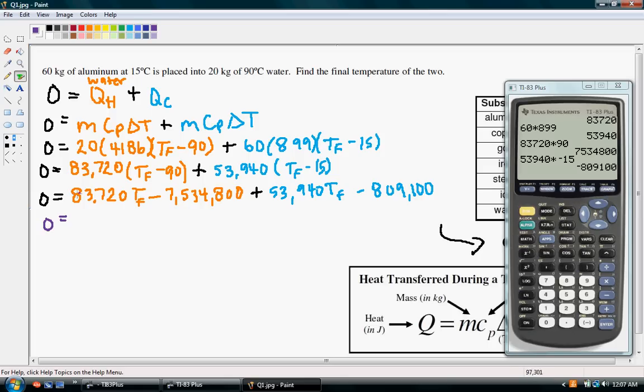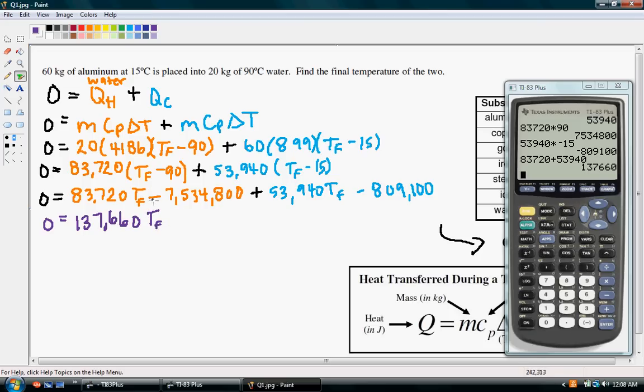But we could add this 83,720 T to this 53,940 T. So that's what we're going to do. 83,720 plus 53,940, and we get 137,660. And of course that's being multiplied to the final temperature, T sub F.